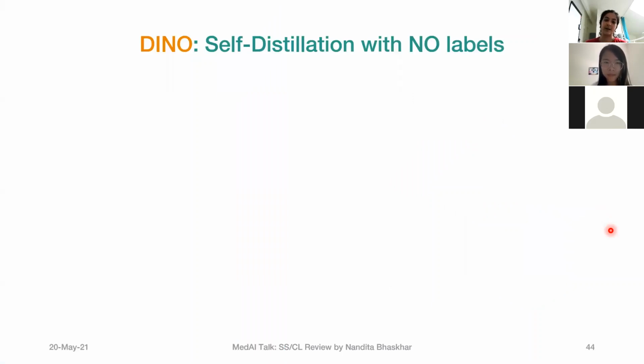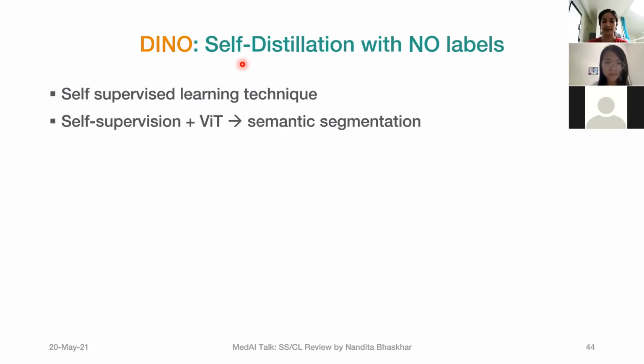Okay, so DINO is very recent, it just came out in ICCV, and it again is a self-supervised learning technique, and it uses self-distillation with no labels. The cool thing about DINO is that all the papers so far have been using a ResNet backbone.